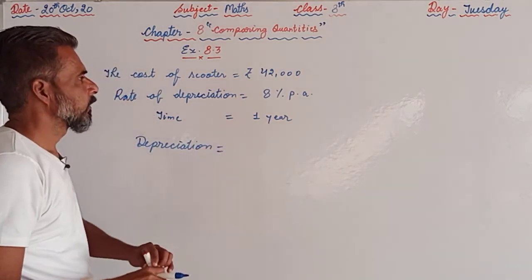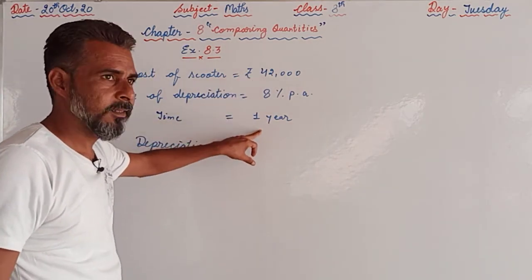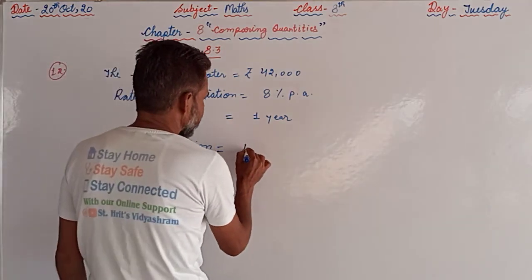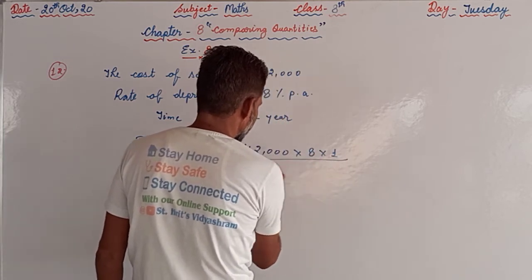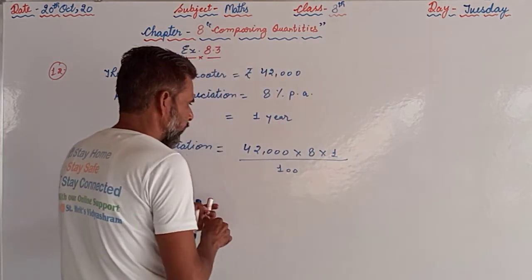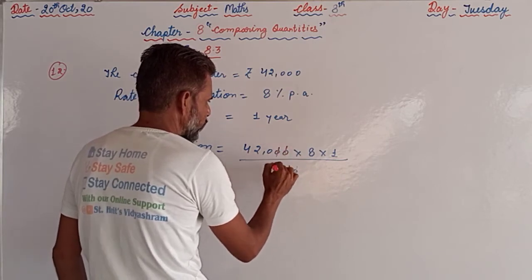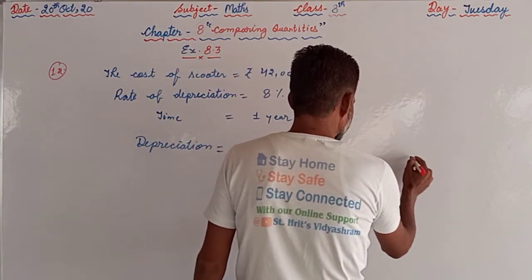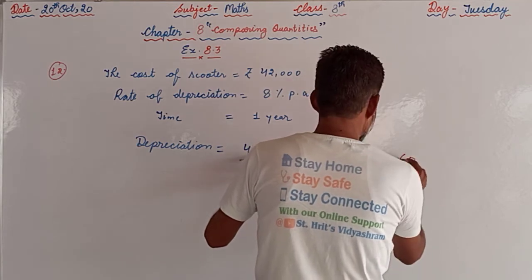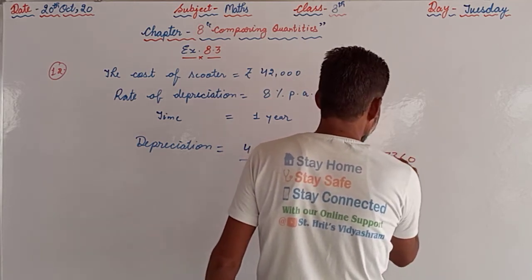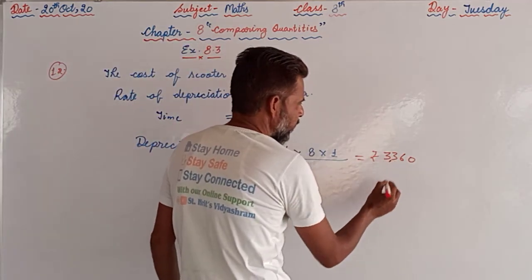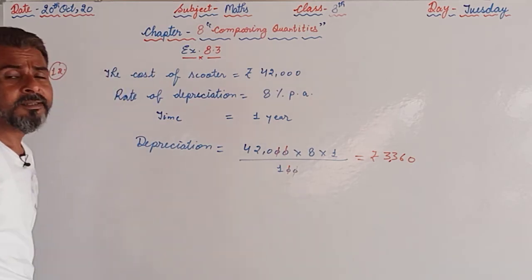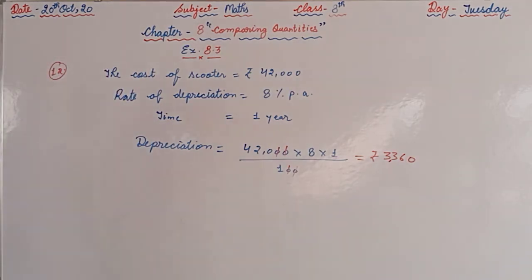Depreciation we can find out with PRT upon 100, that is 42,000 into 8 into 1 upon 100, and 2 zeros cancel out, and we are supposed to multiply. 8 0 is 0, 8 2 is 16, 6 1, 8 4 32 plus 1 33. So the depreciation is 3,360.